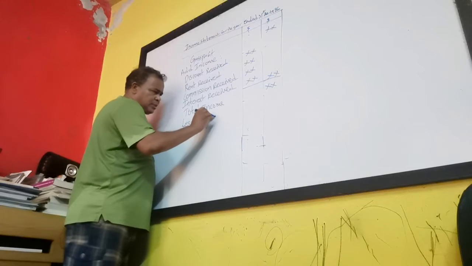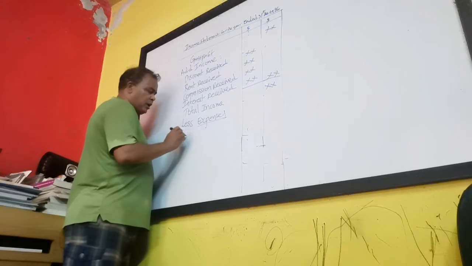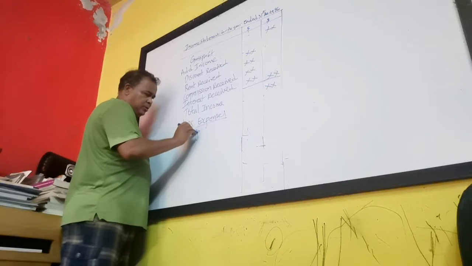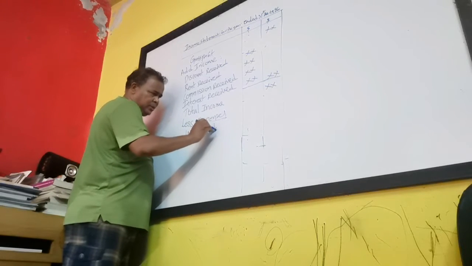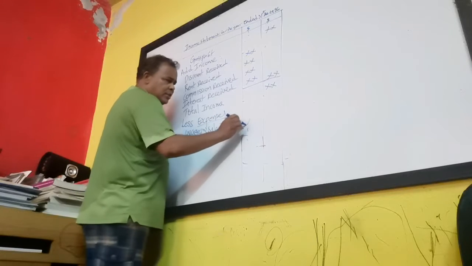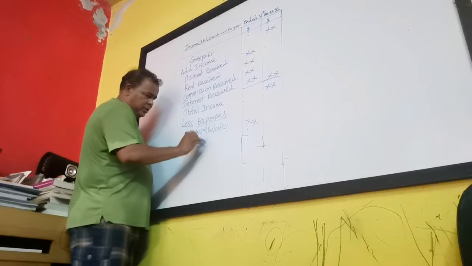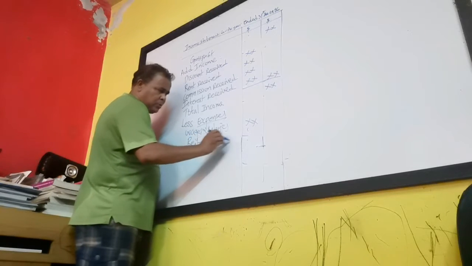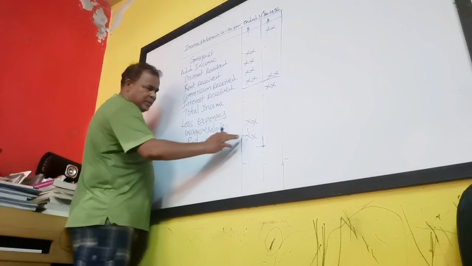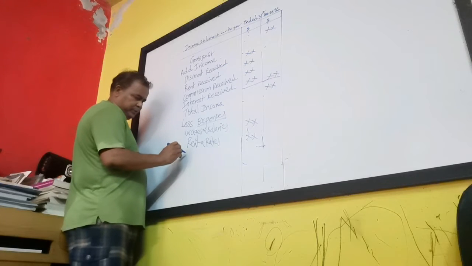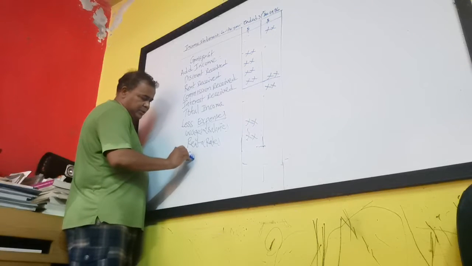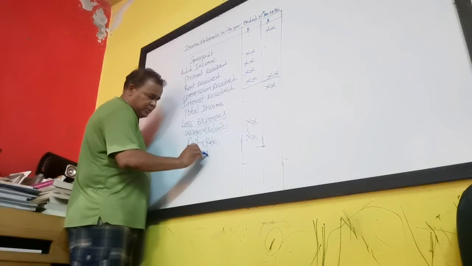We have wages and salaries. This part is very easy. The second part, we have rent and rates. We can have sundry expenses. There are so many expenses.